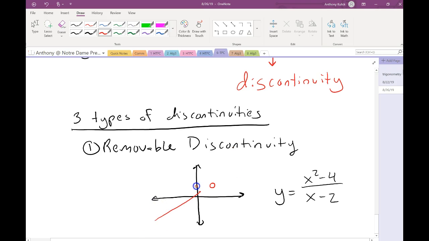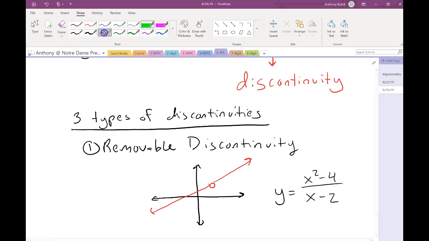Maybe more like this. That's probably a little bit closer. It would be something like that. Now, just for clarity's sake, notice that this point here is not a point in the domain, right? Because there's no x value there.